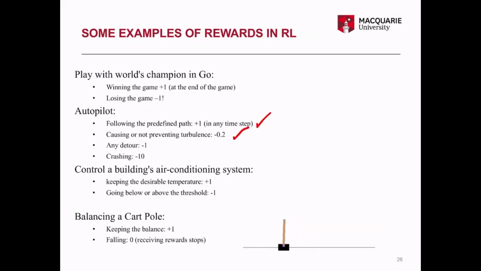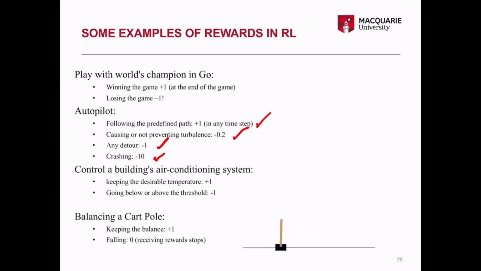If you're causing any turbulence, you're going to receive -0.2. Any detour will give you a -1. And if you crash, there's a huge negative reward of -10. I'm assuming in such a setting, an agent learns little by little how to stabilize the airplane.